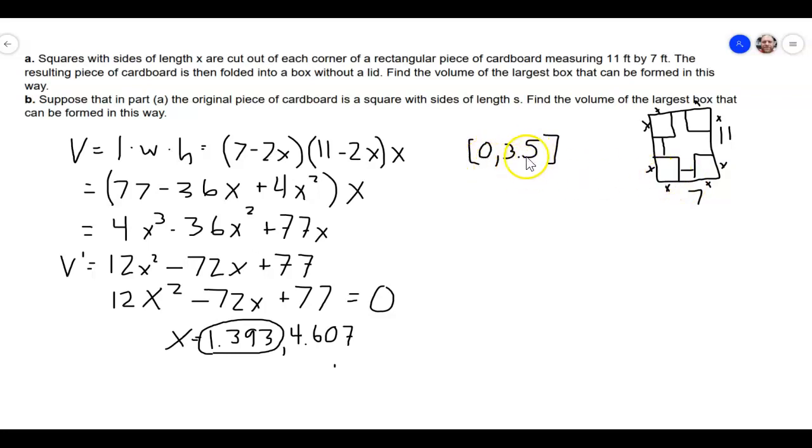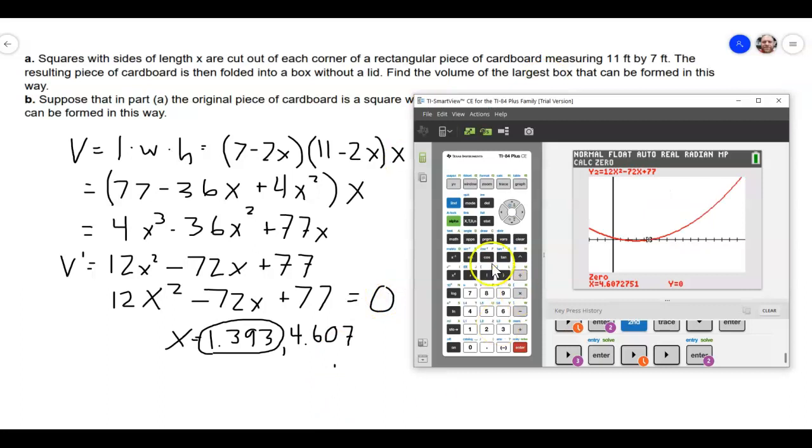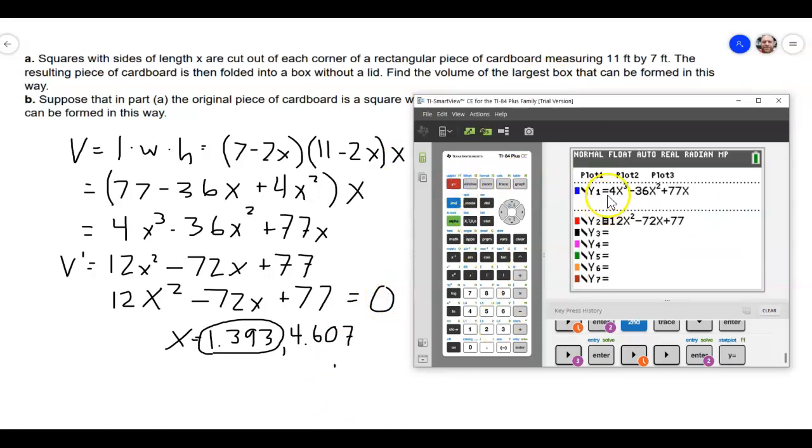So both of these endpoints aren't going to work. So the only value that's going to work here is this one, the 1.393. So that's the x value, the side length, that is going to maximize my volume.